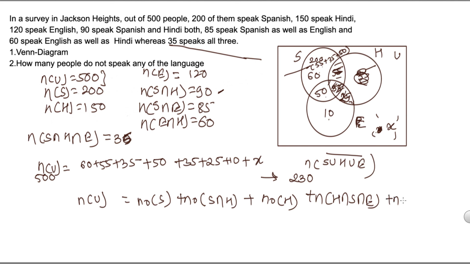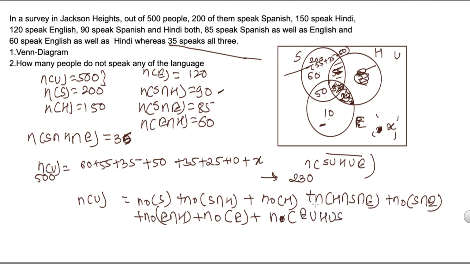This is S intersection E and not H. Now come to here. This is E intersection H and not S, plus E and not S and not H, plus this is the complement of E union H union S. So if we replace all these values, we can solve for this one to get the number of people who don't speak any of the languages.